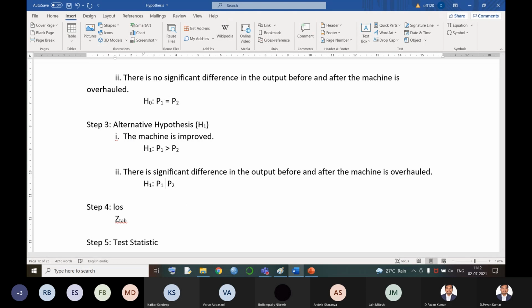We do not write this as greater than symbol. A significant difference means either it can be increased or it can be decreased. So we write it as not equal to. That means the first case is a right tail test and the second case is a two tailed test. That means two different situations in the same problem.